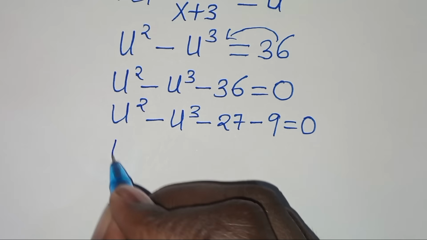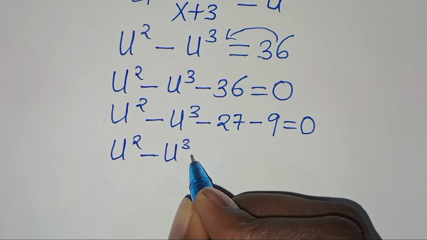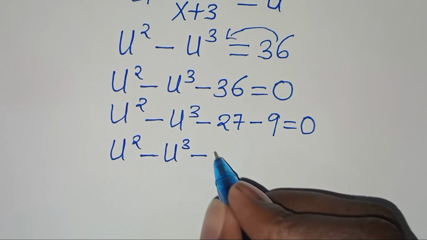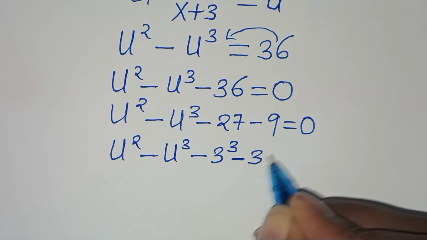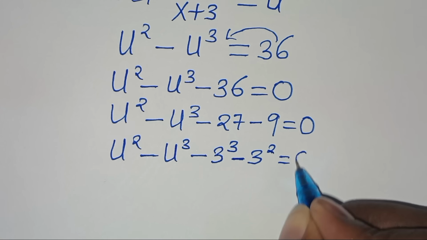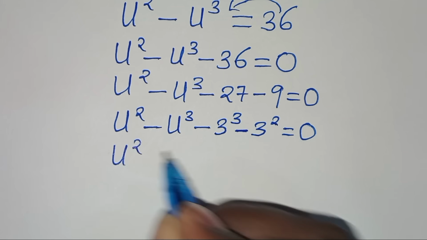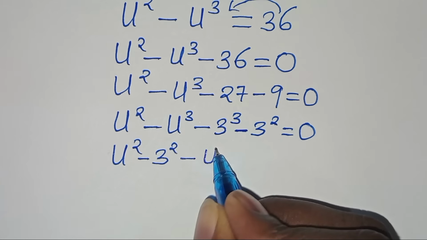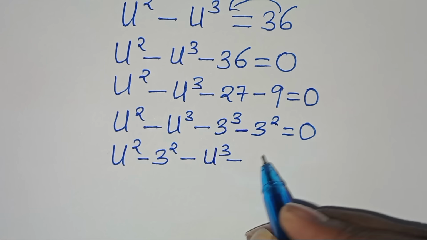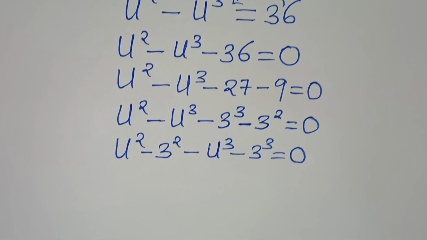So we have u to the power of 2 minus u to the power of 3, subtract 27, which is 3 to the power of 3, then subtract 9, which is 3 to the power of 2, equal to 0. So we have u to the power of 2 minus 3 to the power of 2, subtract u to the power of 3, subtract 3 to the power of 3, equal to 0.